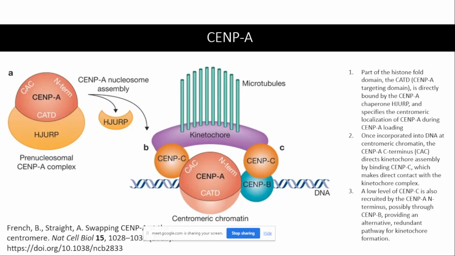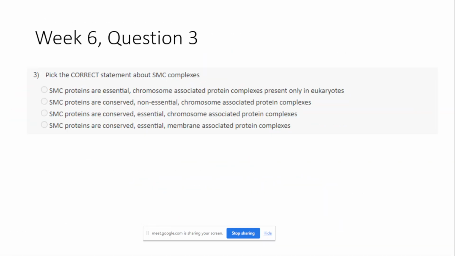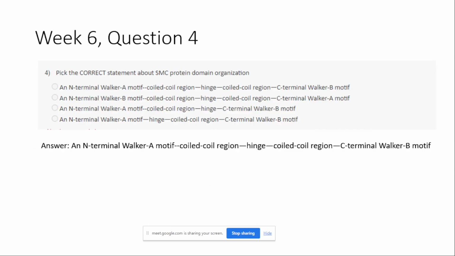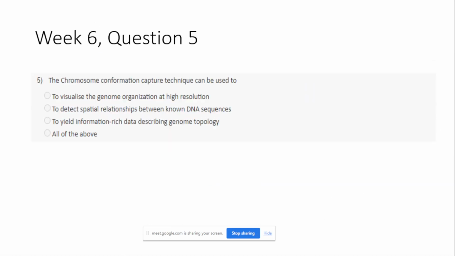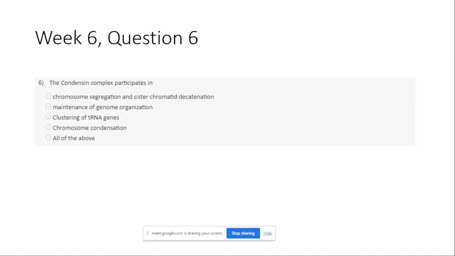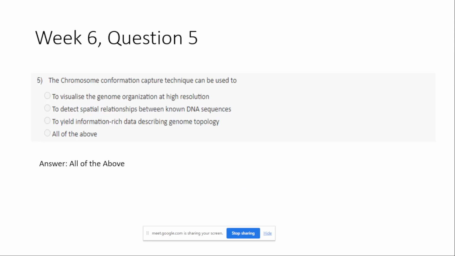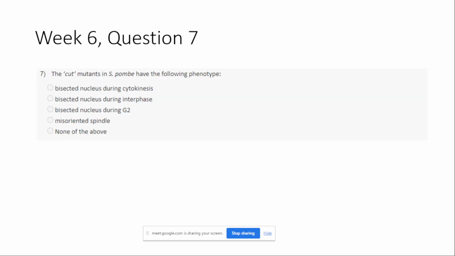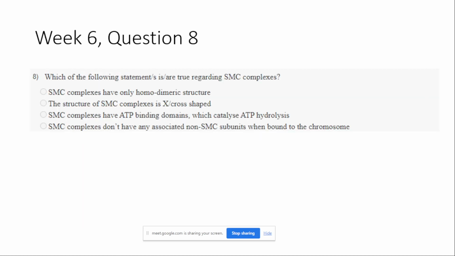Now after that, try to answer this question about the third option: SMC complexes have the ATP binding domain, which can catalyze ATP hydrolysis activity.